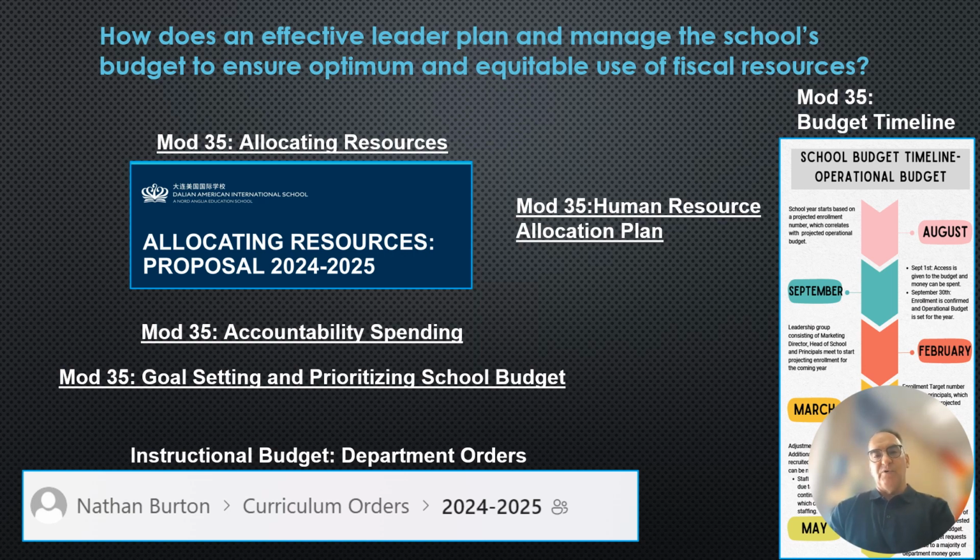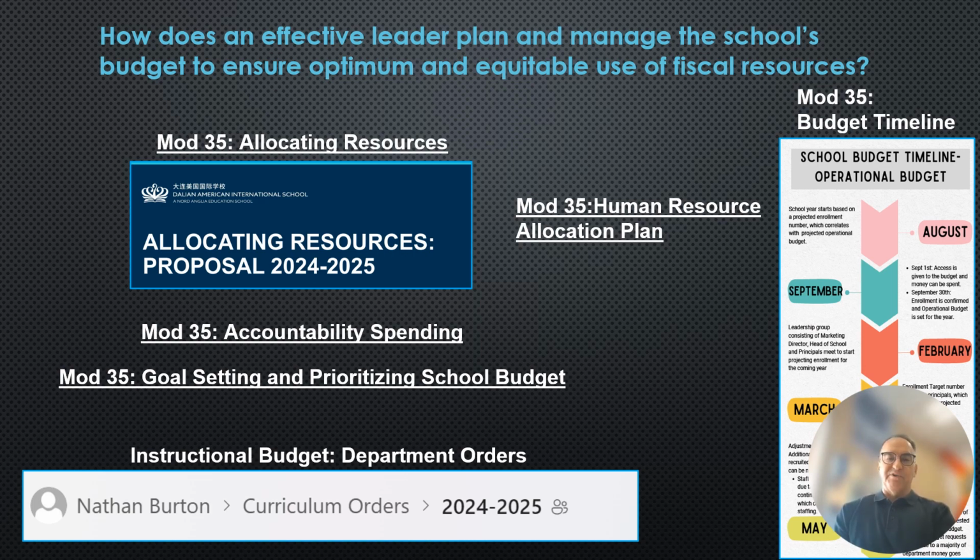Human resource allocation plan for Module 35 was also a really interesting look at how we use our people effectively, and how do we set people up for success, and also talking about how do we prioritize our spending among our departments, and what are our fail safes for ordering.